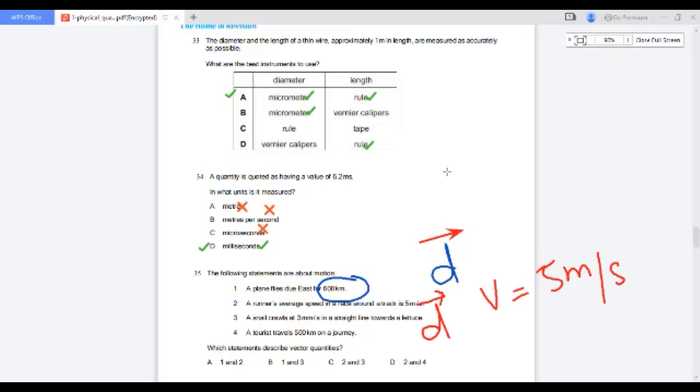A tourist travels 500 kilometers on a journey. It is only a distance, which is 500 kilometers.